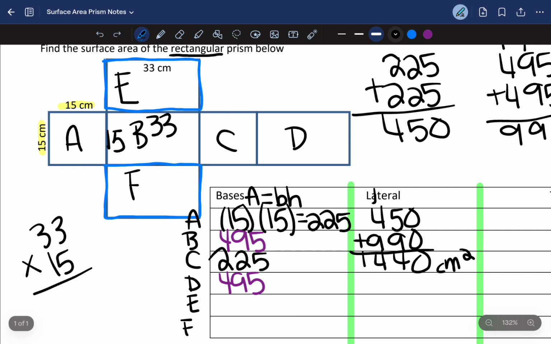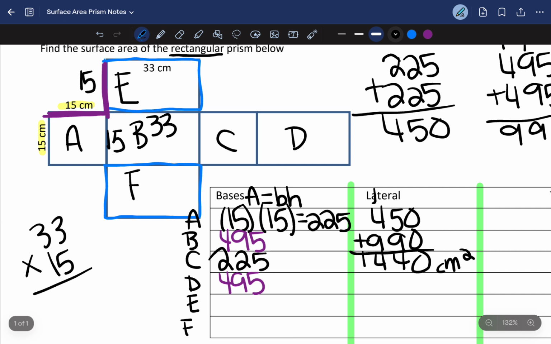So I can use that for both. But then what's that last number? Well, in this case, pay attention to this purple that I'm doing right here. These two edges, when you fold them up, they're going to touch each other. So that means the last measurement is going to be 15 centimeters as well.